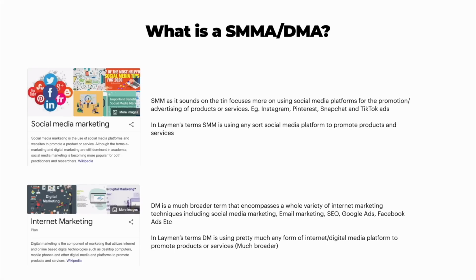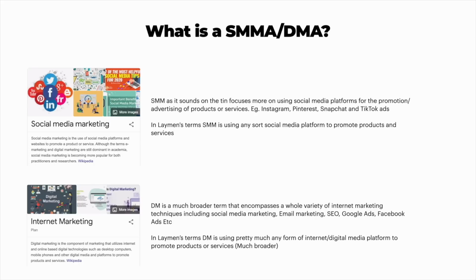Now, digital marketing is a broader term, because social media marketing uses social media, whereas digital marketing uses the whole internet and online means in order to promote services, products, or events. Social media marketing actually lives within digital marketing, because social media is digital.